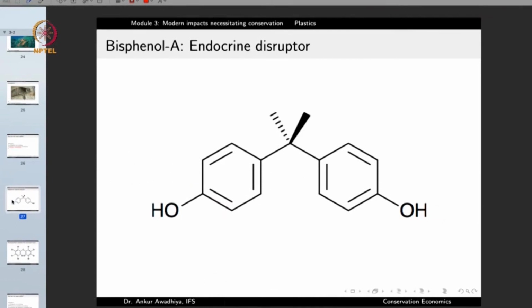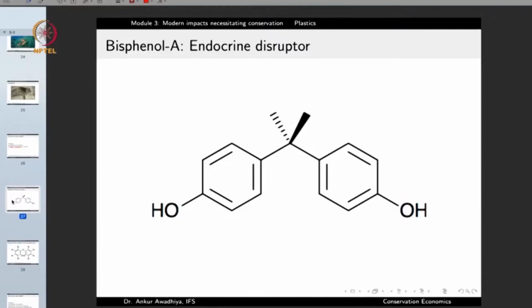Good examples include bisphenol A, which is an endocrine disruptor. Bisphenol A is used as a plasticizer. When we say plasticizer, if you look at this bottle, it is able to maintain a certain amount of plasticity. You press it and it comes back into the original shape. It is soft and it is transparent. So, chemicals such as bisphenol A are able to give these properties.